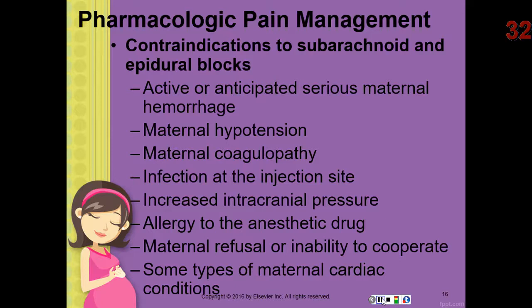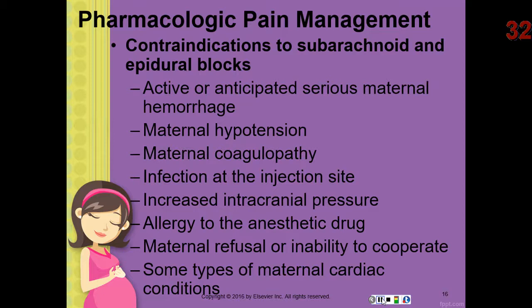So some complications. If mom has an active or anticipated serious maternal hemorrhage, so if she has low platelets or has a clotting disorder, and we're really worried about a hemorrhage, obviously we're not going to be able to maintain her blood pressure, so we wouldn't do that kind of a block.